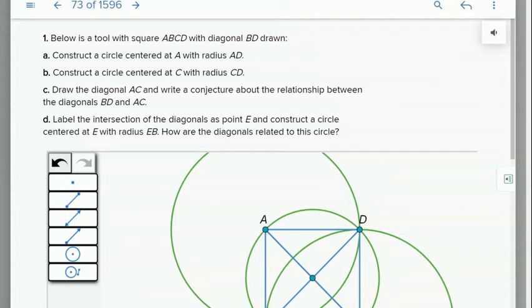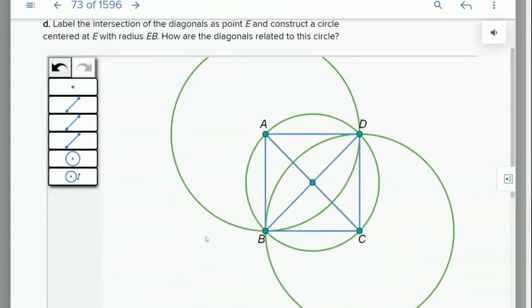EB is the radius for the entire circle that we just created all the way around, right? So AE, DE, CE, BE, they're all the same length, right? So AC is going to be the same length as BD because those are the diameters for the same circle, all right?